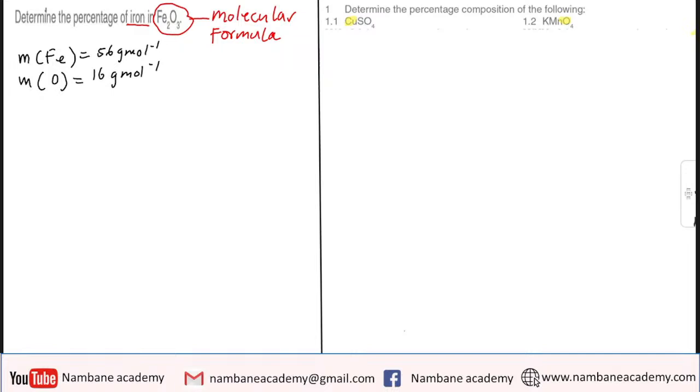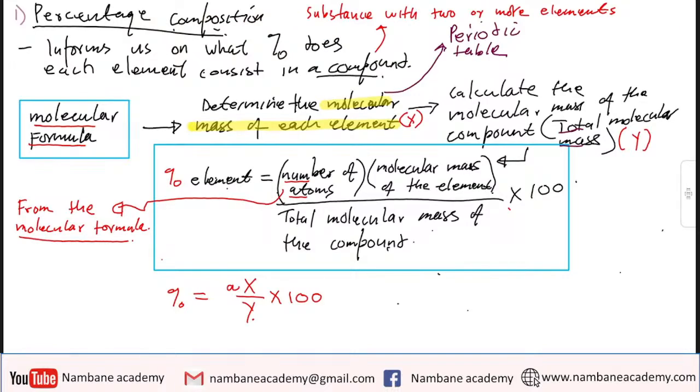Calculate. Yes, Lesedi? So I was asking, aren't we supposed to calculate the molar mass for each element, but like the amount of atoms, like iron, there's 2. Okay, Lesedi. Understood. Let's go to the notes and quickly check. Determine the molecular mass of each element.